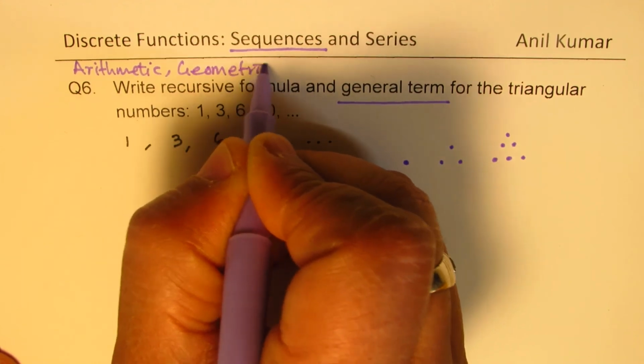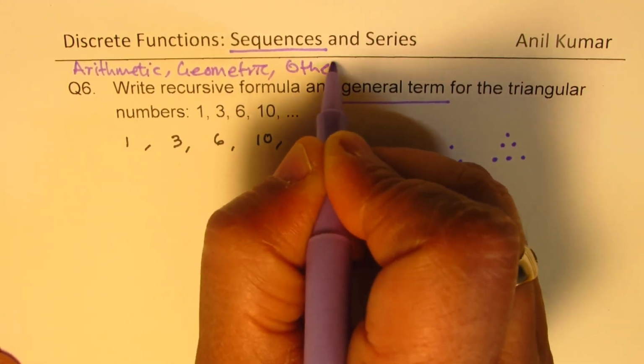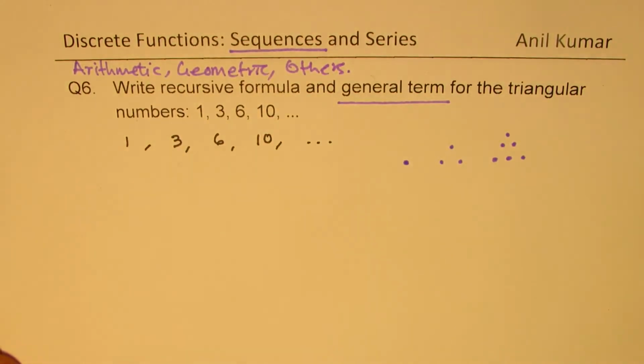This belongs to the others category. So they could be linear, non-linear. There are different kinds of sequences, all kinds of sequences. So if a particular pattern is being followed, then the definition of sequences works. Now here, what is happening?